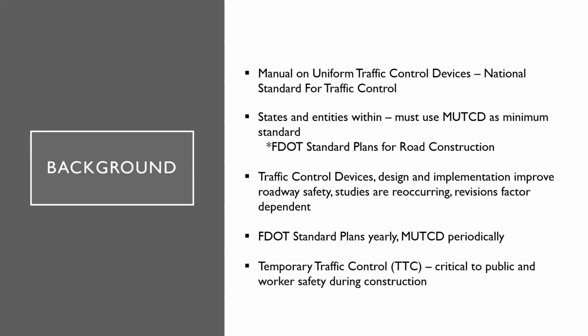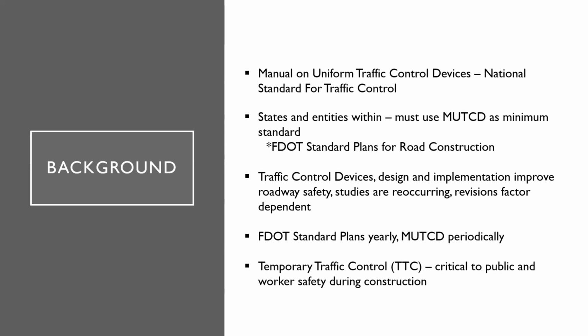So temporary traffic controls are important in the fact that they tell the population, the public, of conditions that disrupt the normal pattern. So an example is if there's a utility strike and a public works team has to go out and fix it, they're going to have to set up, if it's close enough to the roadway, based on the standard plans in the state of Florida or the MUTCD, they have to set up cones and they have to set up signage in relation to that.